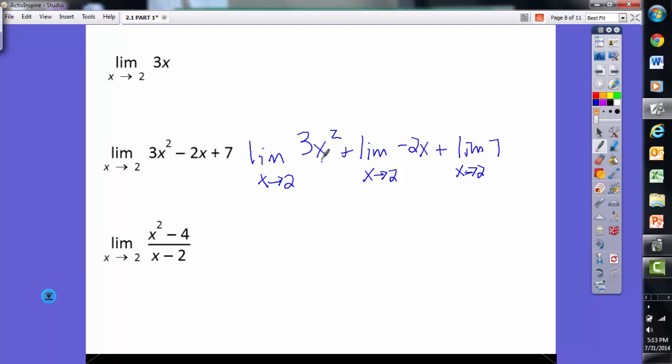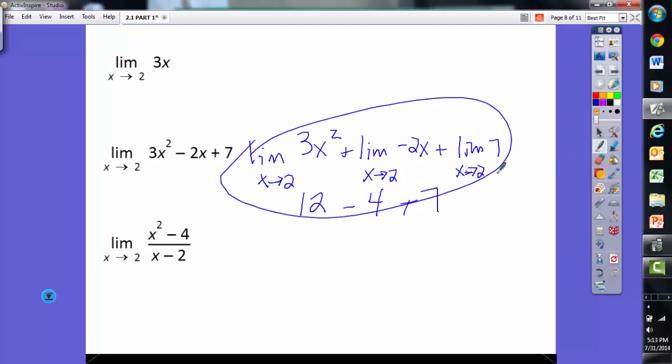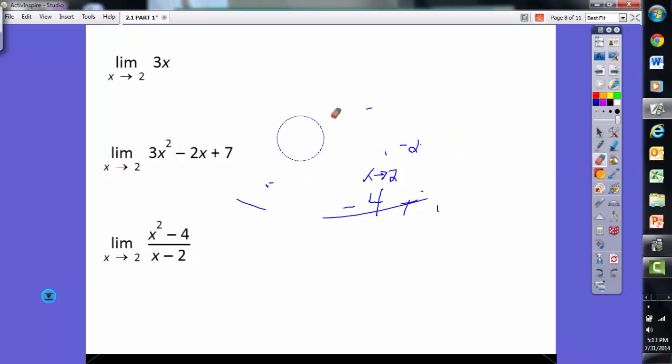So here, 2 squared is 4 times 3, this is 12. Here, 2 times negative 2 is negative 4, this is minus 4. Here you have a constant function of 7, so as x gets closer to 2, y gets closer to 7, and you get the same exact answer. I would never suggest doing it this way. It's just worth showing you that if you ever need to, you can do it this way. The limit of a sum is the sum of the limits.